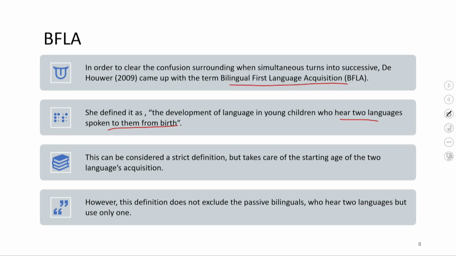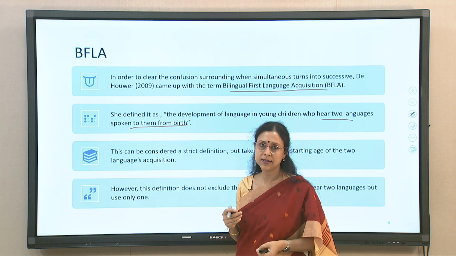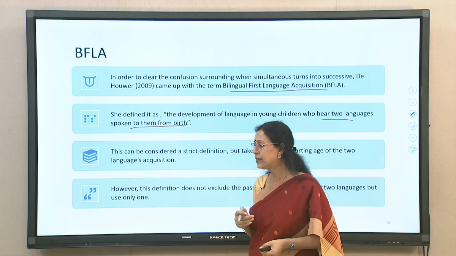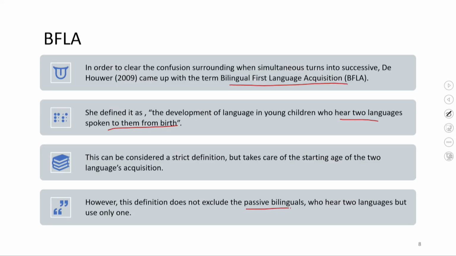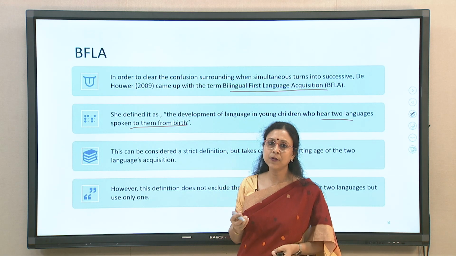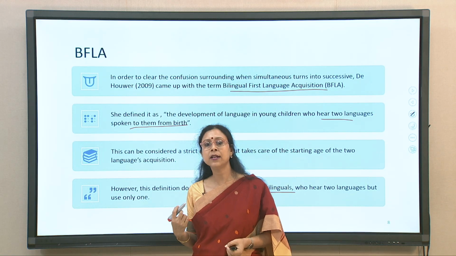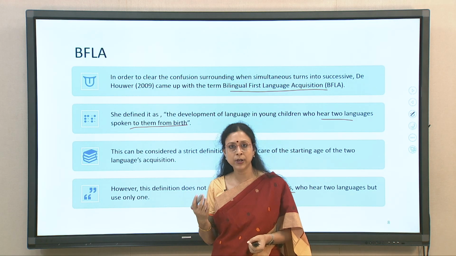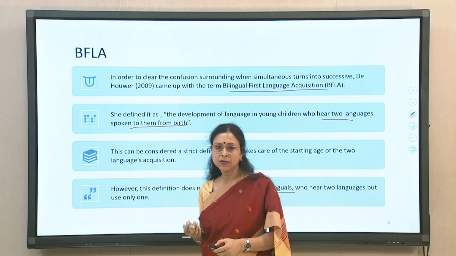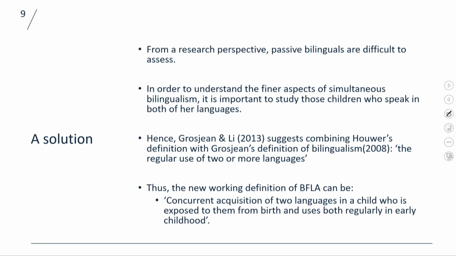Now, there is one problem that later researchers have pointed out, which is that there is something called a passive bilingual. Because she said the 2 languages should be spoken to them. Now, what happens if you hear 2 languages, but do not produce 2 languages? This is where you are a passive bilingual, you hear 2, but you do not use 2. From a research perspective, passive bilinguals are difficult to assess.